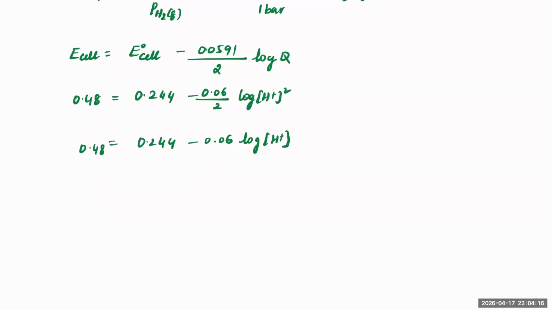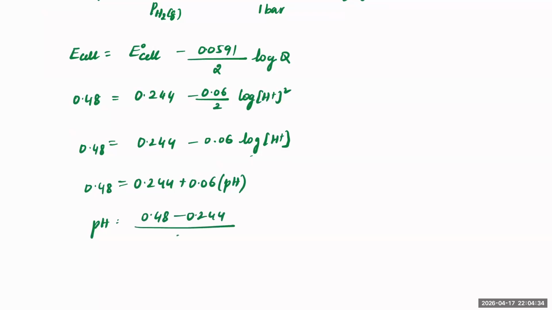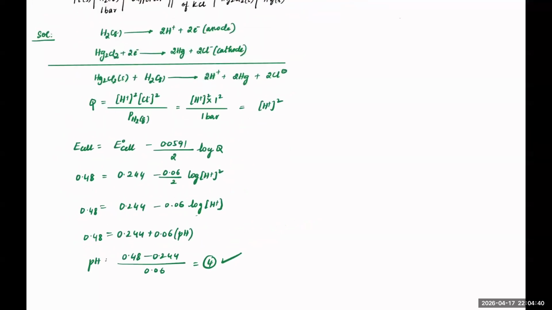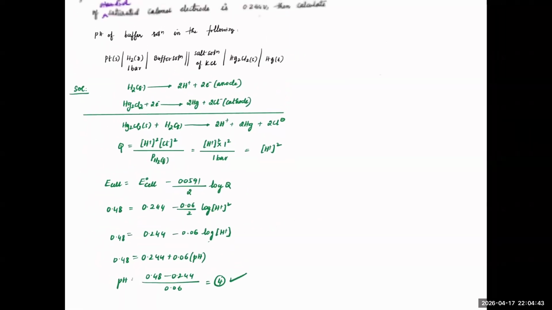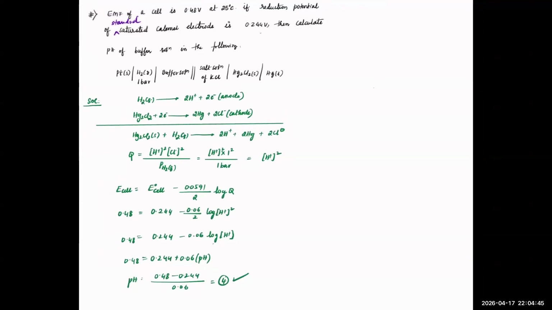So we get 0.244 plus 0.06, and minus log of H plus is pH. That is equal to 0.48. So pH is equal to 0.48 minus 0.244 divided by 0.06. This is approximately coming as 4. Okay, so please check. This is how you can figure out the buffer solution's pH.